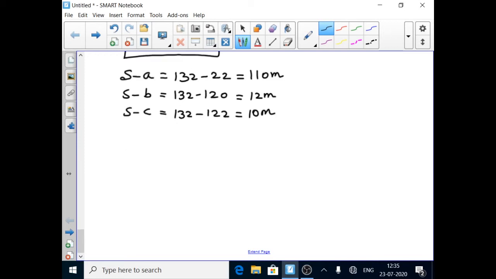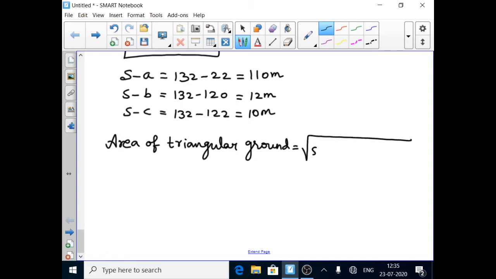Okay. So you want to write the formula. Area of a triangular ground is equal to root of, the formula is what?